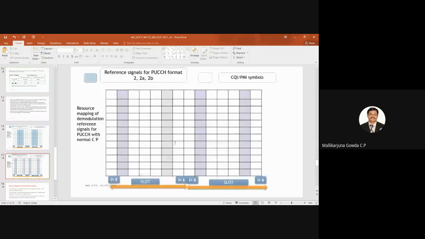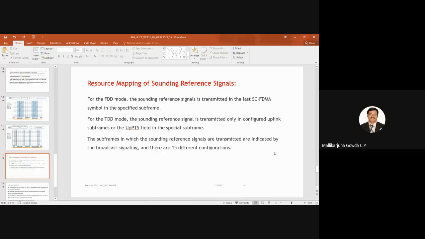So that is what is shown here. So this is symbol 0, the first symbol, then second, third, fourth, and fifth. So the first and fifth OFDM symbols are used as reference signals for PUCCH format 2, 2A, and 2B. Okay. Similarly, for the second slot, second and fifth.